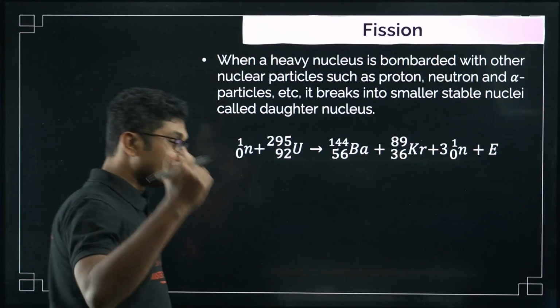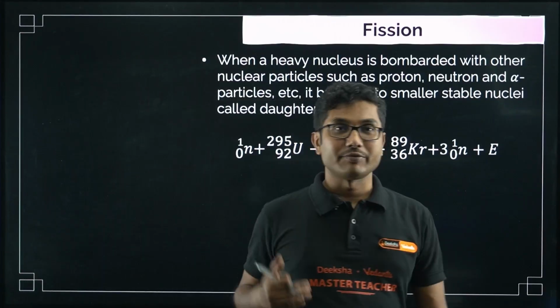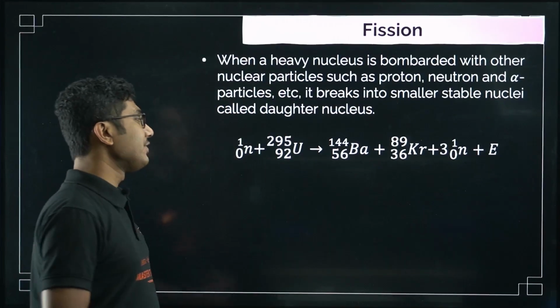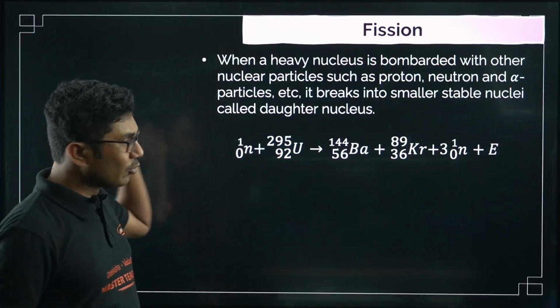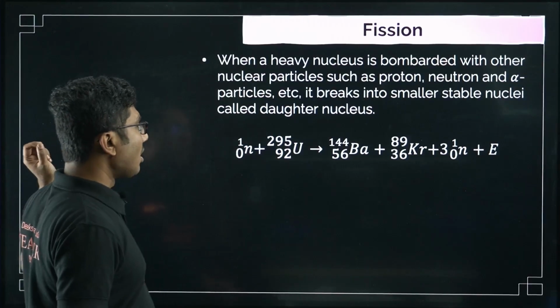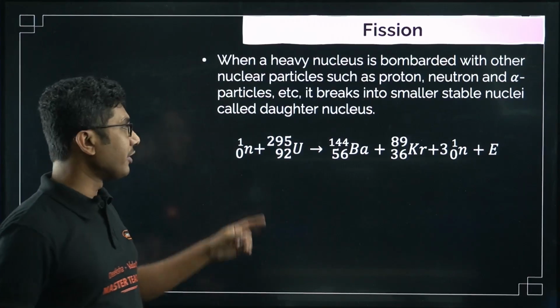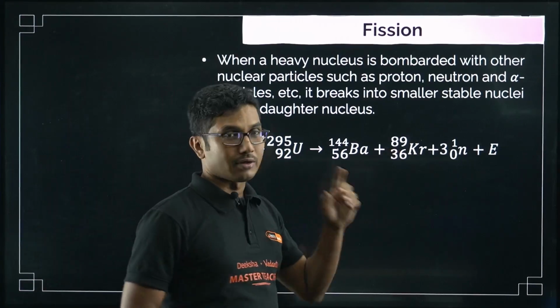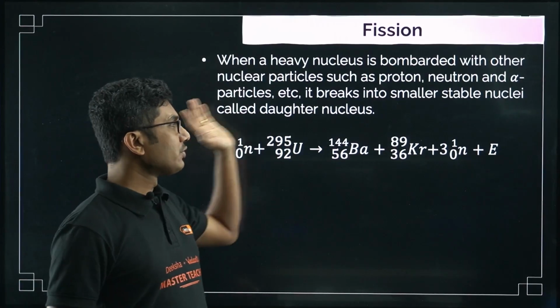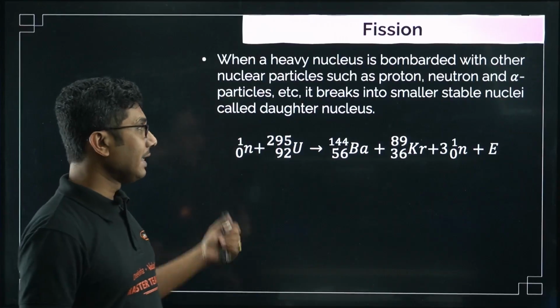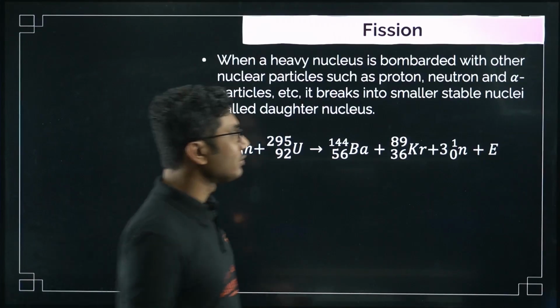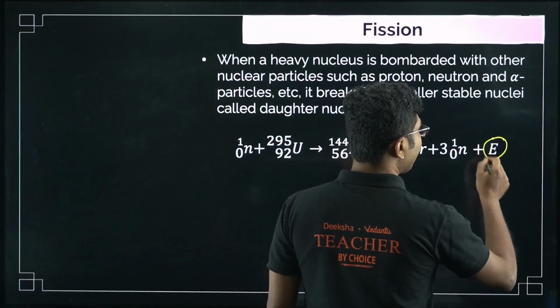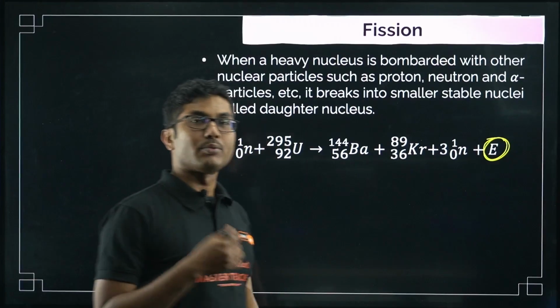And fission, the difference I was talking about, the difference between fission and radioactivity. Fission is mostly artificial. When you bombard a neutron into uranium, uranium breaks into barium and krypton. So these are the two stable nuclei. They attain stability, and also during the process a lot of energy is emitted as a byproduct.